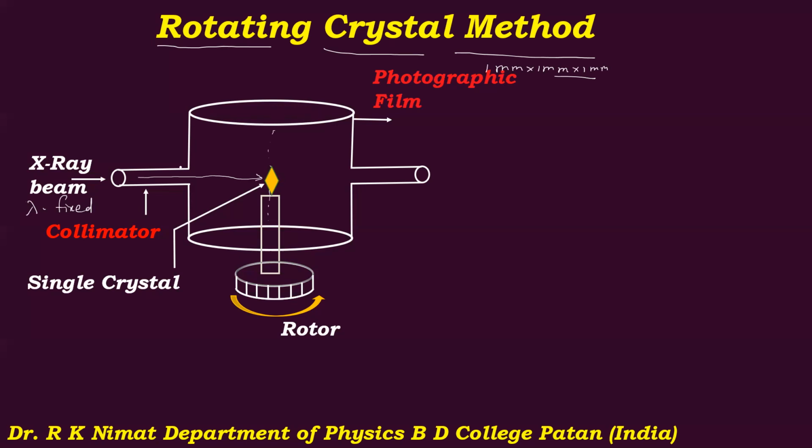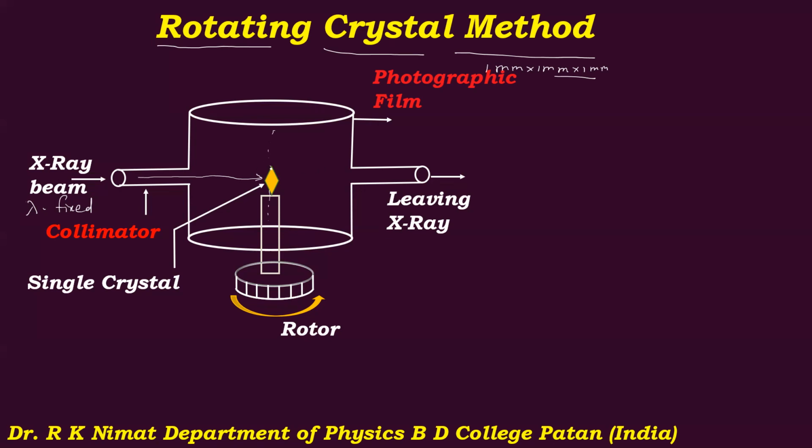The undeviated X-rays emerge out through this collimator-like portion, which is used to let out the X-rays which are not reflected. So this is the simple experimental arrangement used to study the rotating crystal method.